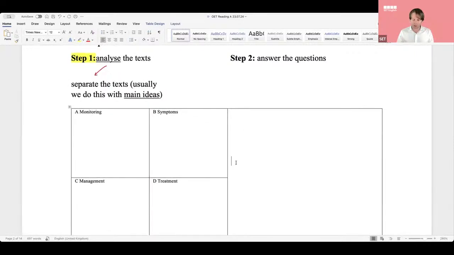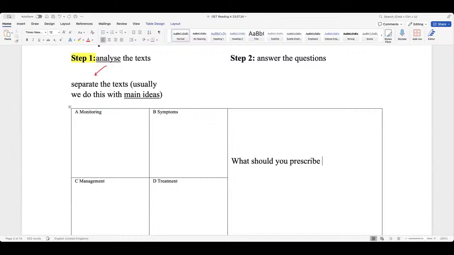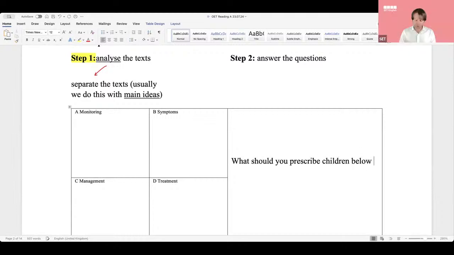So quickly, guys, step two. Yes, keywords. Imagine the question is, what should you prescribe children below 9? That's the question.